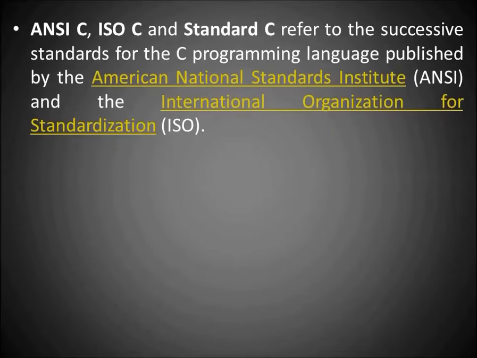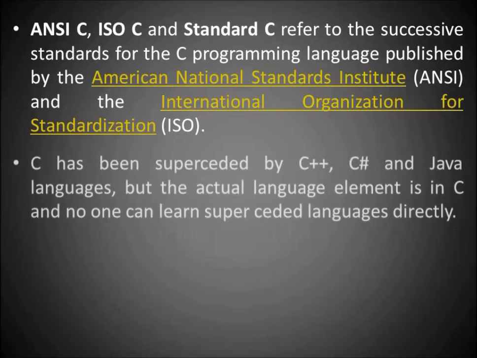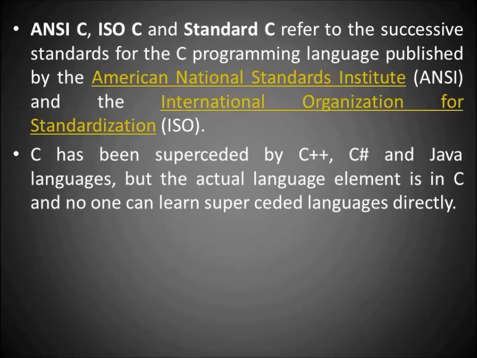ANSI-C, ISO-C and Standard C refer to the successive standards for the C programming language published by the American National Standards Institute, ANSI, and the International Organization for Standardization, ISO. C has been superseded by C++, C# and Java. But the actual language element is in C. No one can learn superseded languages directly.